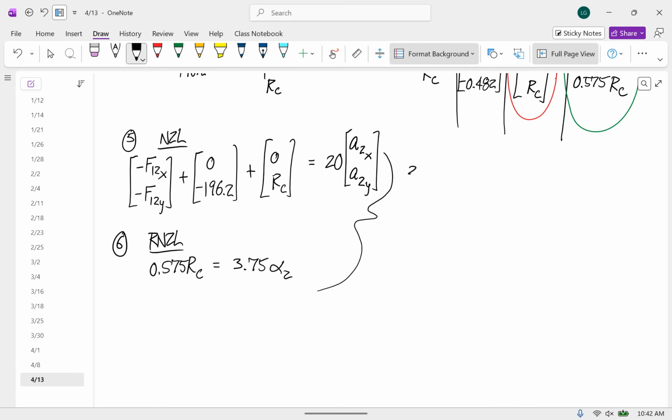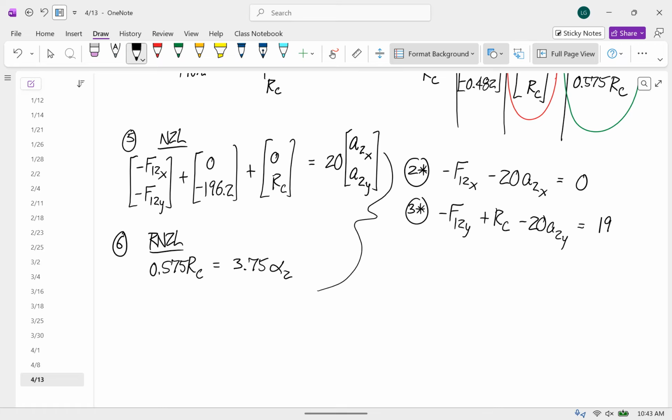And so our equation 2 star for our big system says negative F12x minus 20 A2x is equal to 0. Our equation 3 star says negative F12y plus RC minus 20 A2y is equal to 196.2.